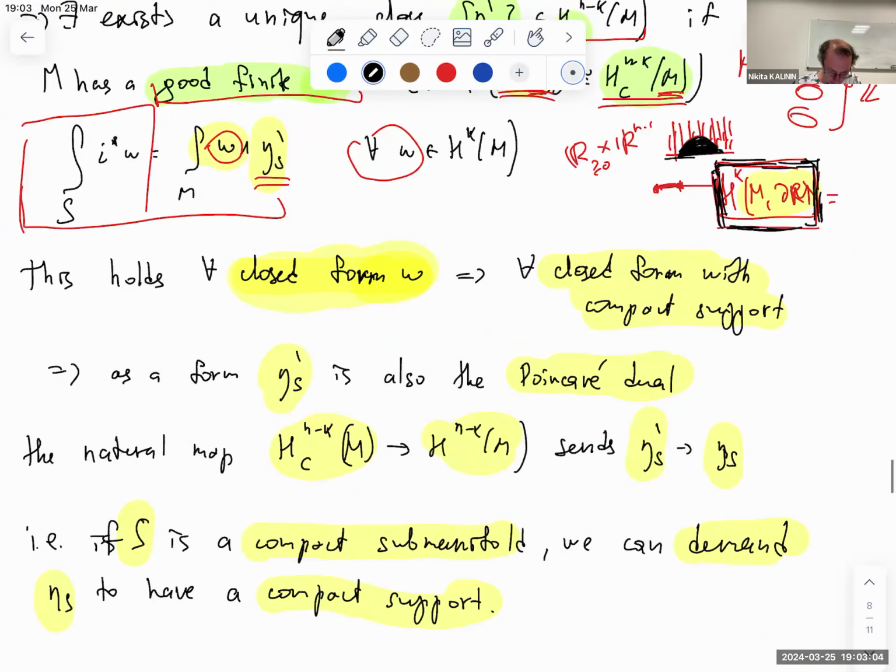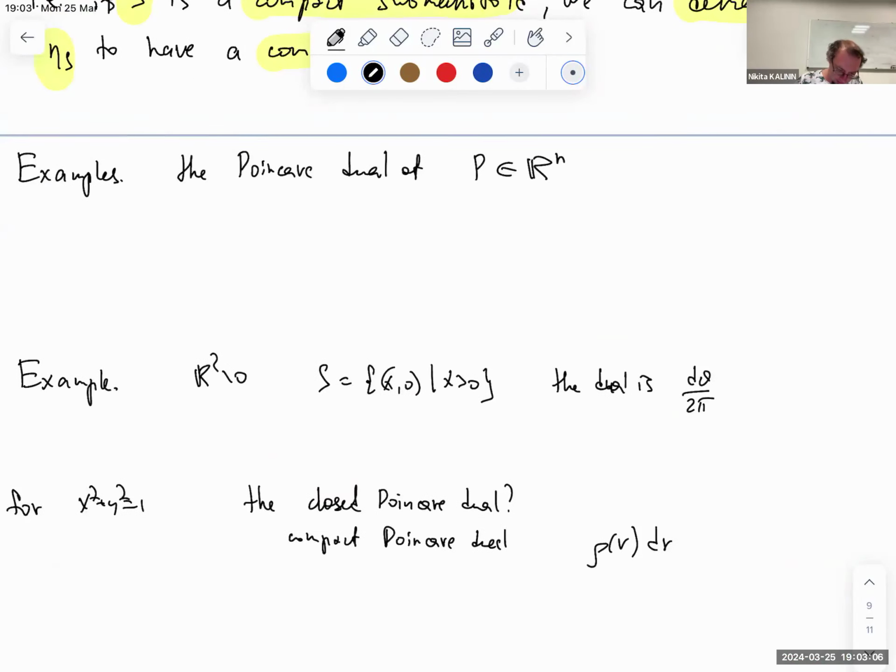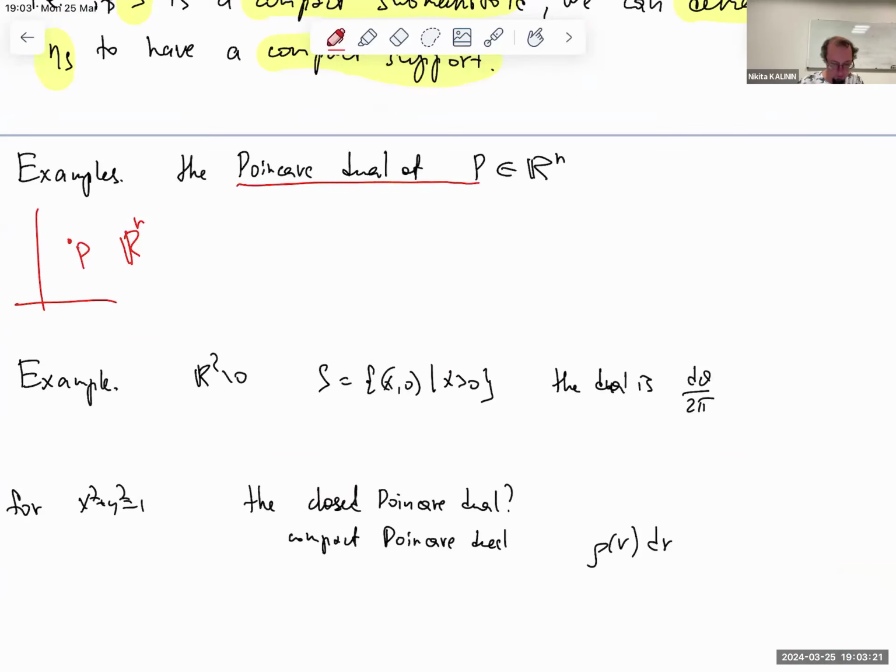Okay, now let's compute some examples with your help. So, you have Rn, and you have a point P. Let's compute the Poincare dual of P. What should we do?